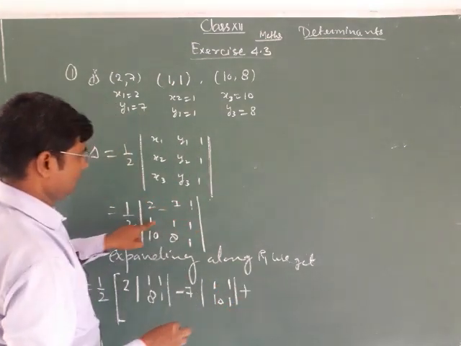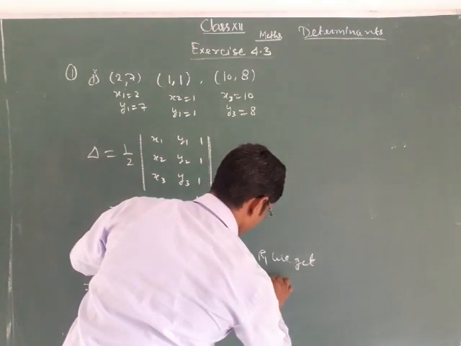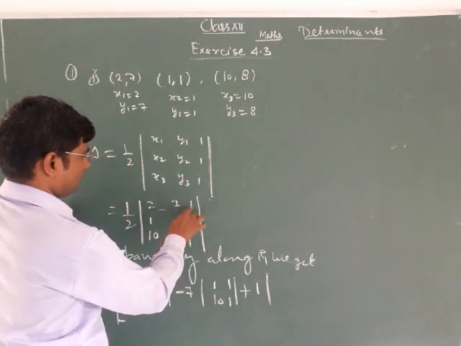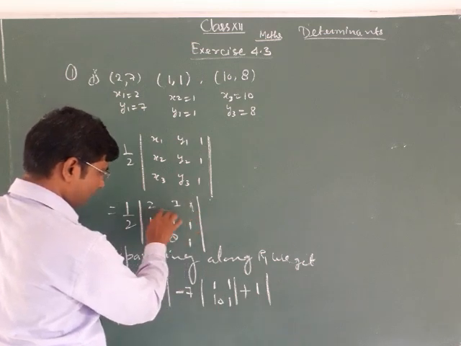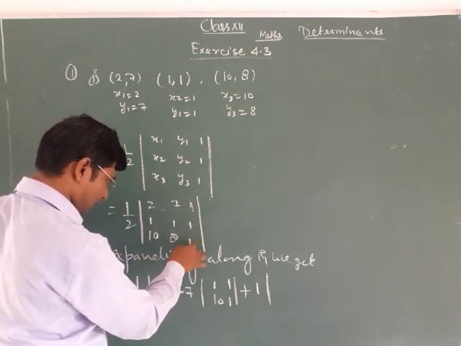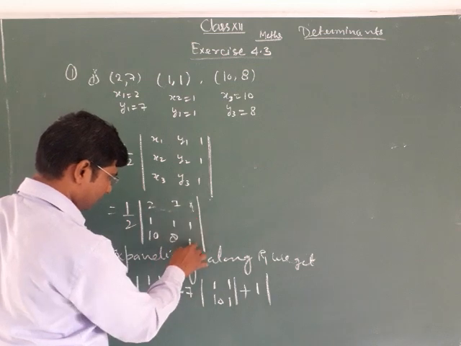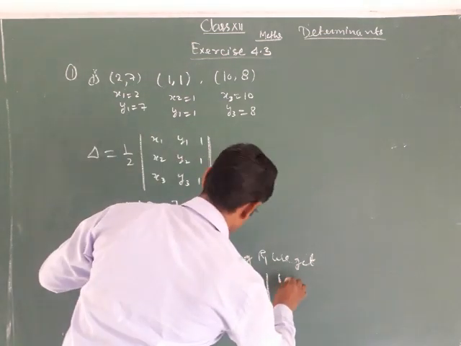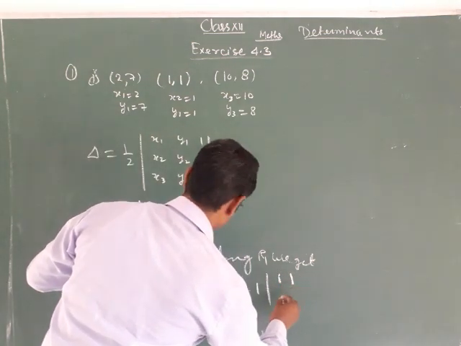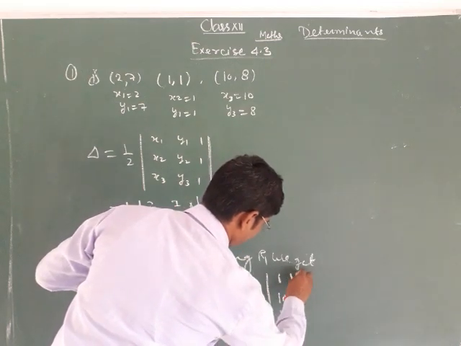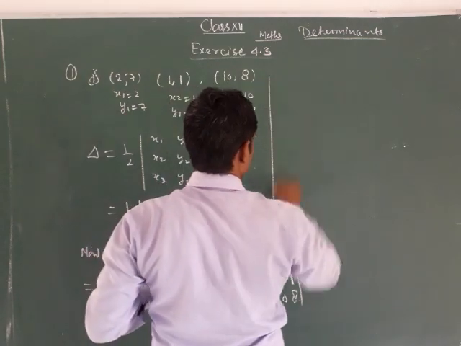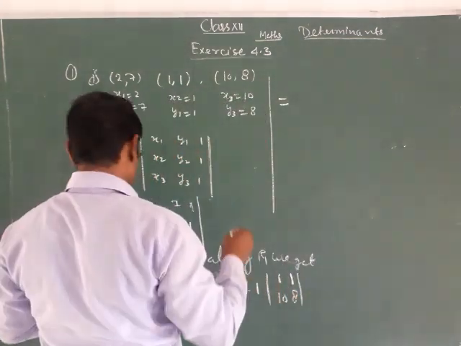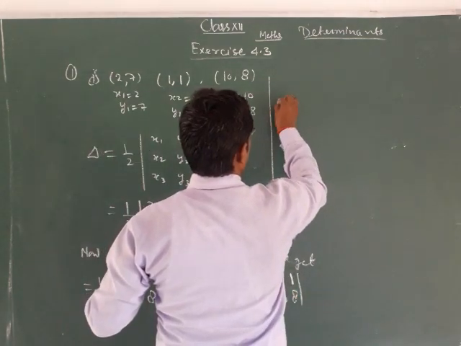And plus 1, which is in the first row and third column, so we eliminate that row and column, leaving 1 1 10 8.